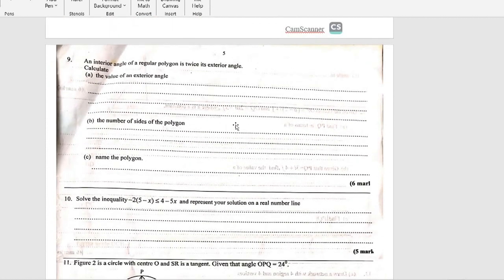Question 9. An interior angle of a regular polygon is twice its exterior angle. Calculate the value of an exterior angle. Let the exterior angle be x. Now, an interior angle is twice its exterior.